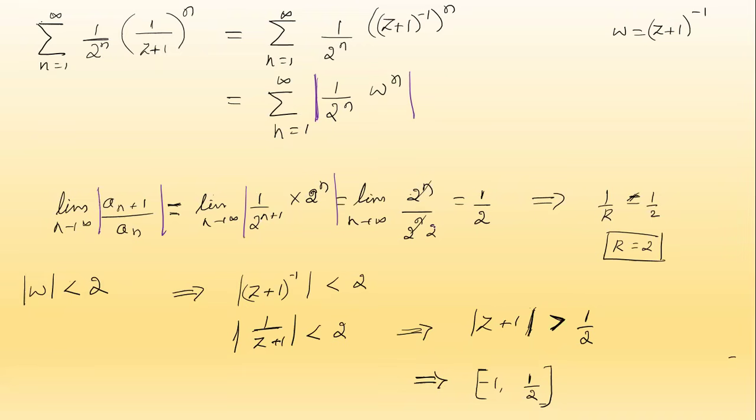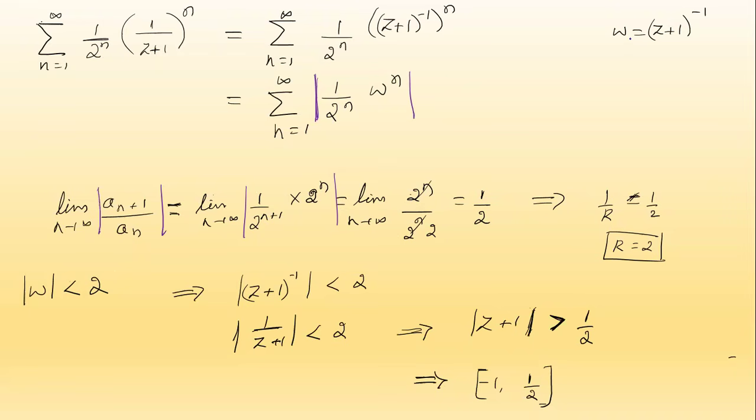If I apply the limit, we get 1 by 2. That means 1 by r is equal to 1 by 2, where r is the radius of convergence. Therefore, r is equal to 2.